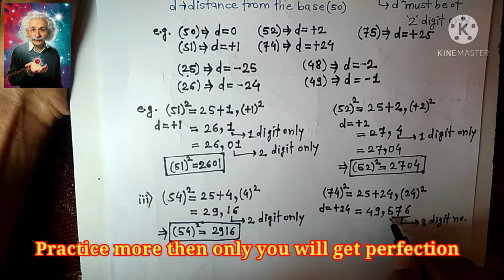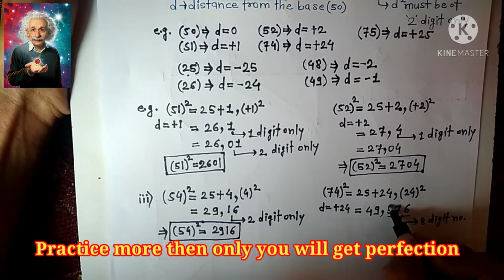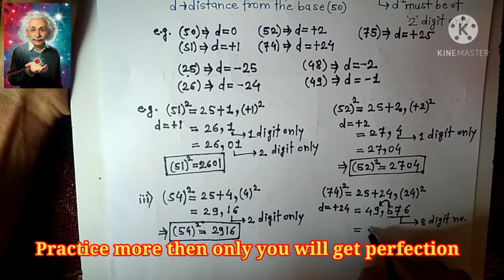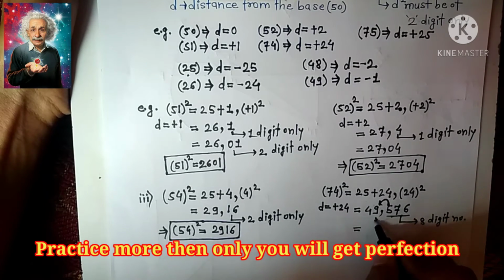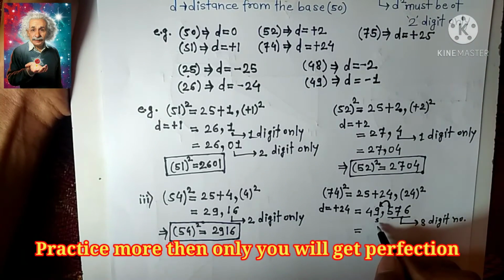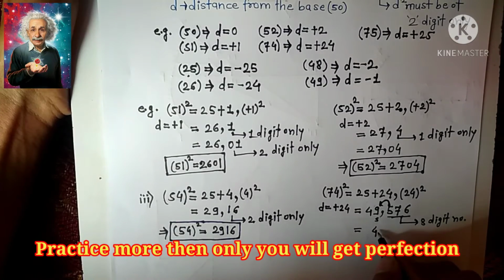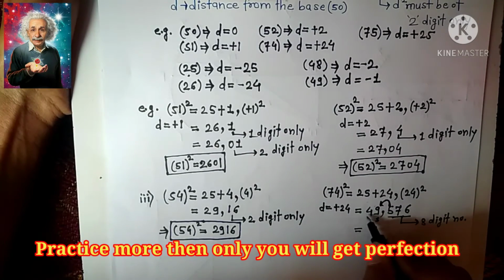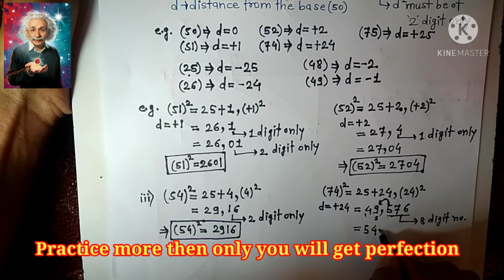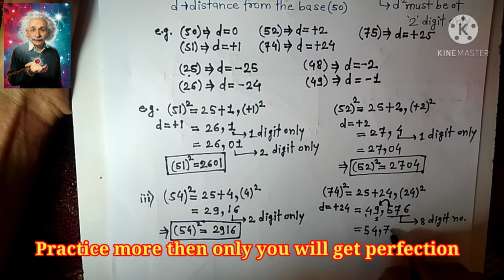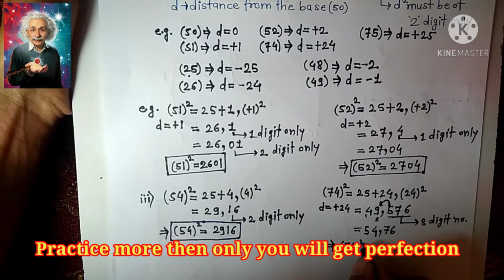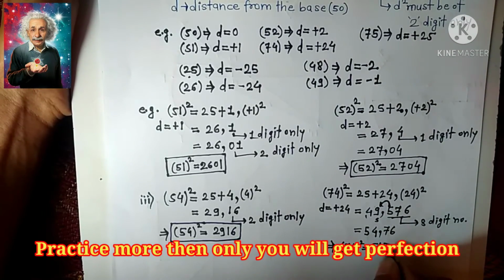So to make this number 2 digit we add this 5 to here. Then we get 9 plus 5, 14. 14, then we write it here as 4 and carry is 1. So we get 54 comma. Remaining term here is 76. Then finally we get the square of 74 is equal to 5476.